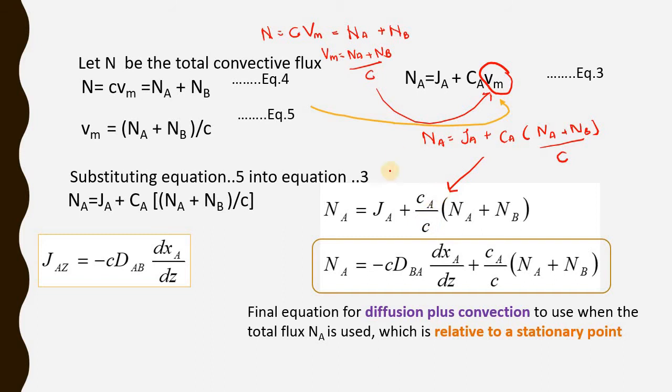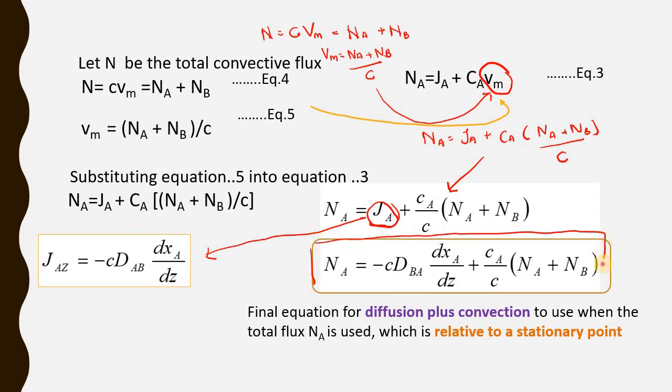So this JA, the diffusion flux, will be replaced with Fick's law, and the final equation for diffusion plus convection is this one.